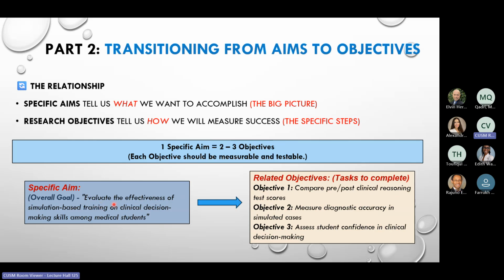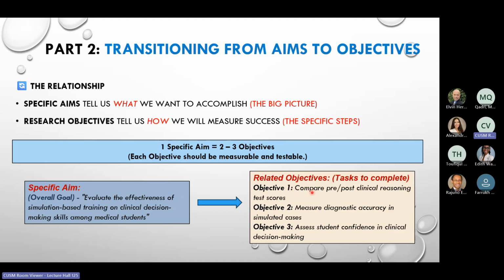Or in this case, evaluate the effectiveness of simulation-based training on clinical decision-making skills among medical students. In order for us to accomplish this goal, we have these research objectives that list the specific activities or tasks for us to accomplish this specific aim statement.